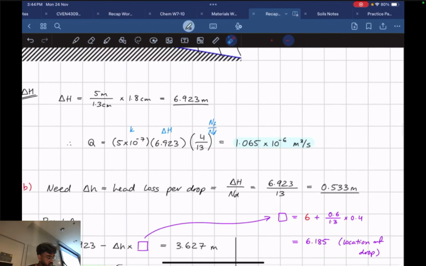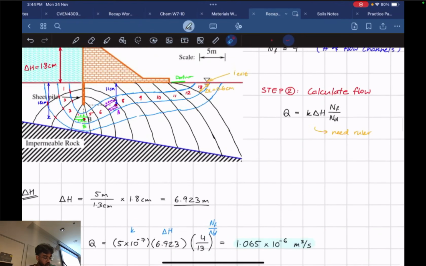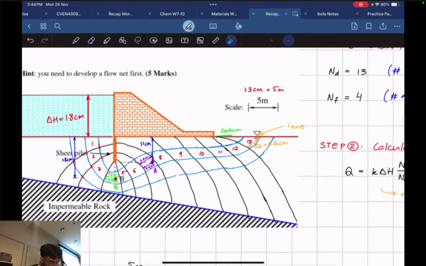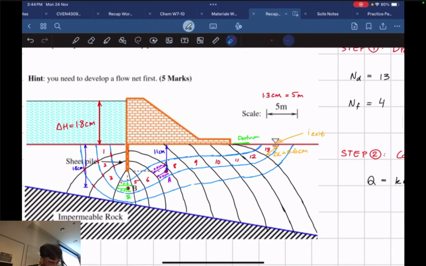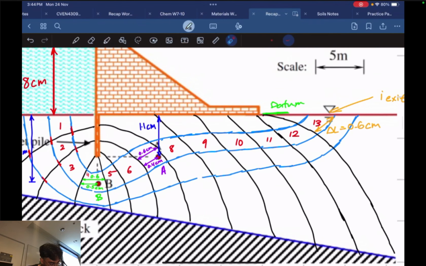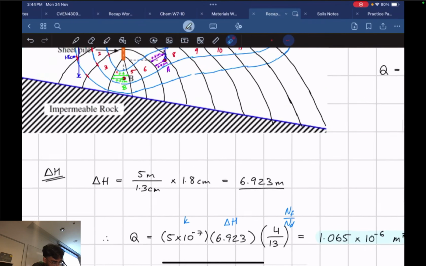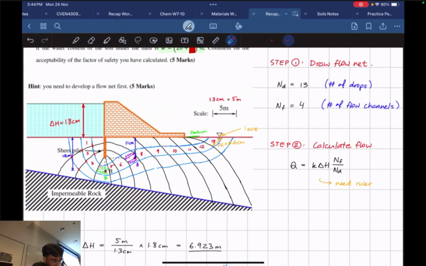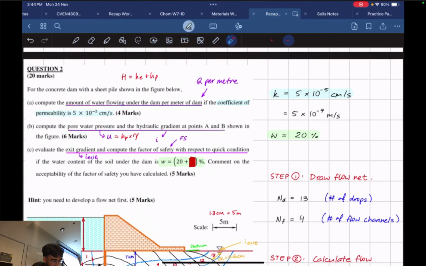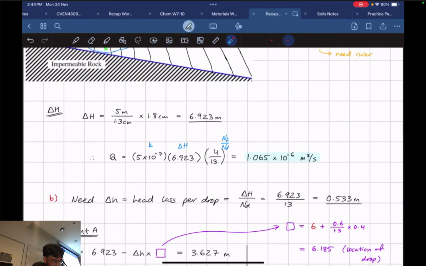This 1.3 is not from the scaling. This 1.3 should be something from here. I think it's 6 plus 0.4, I understand. Yeah, I get what you mean. Maybe that is correct. Where the hell do I get the 1.3 from?